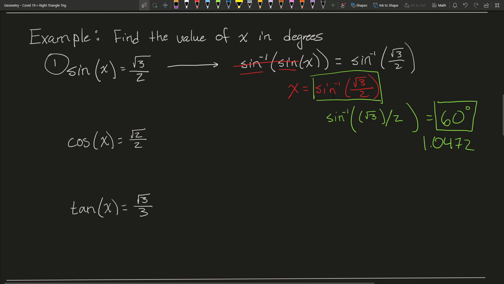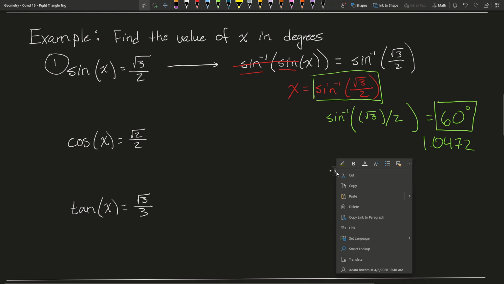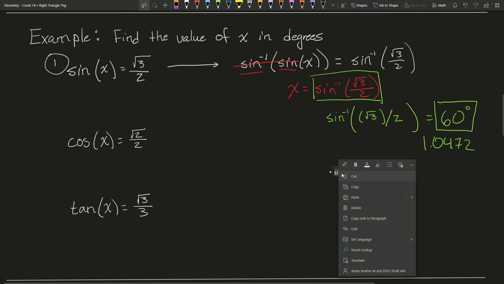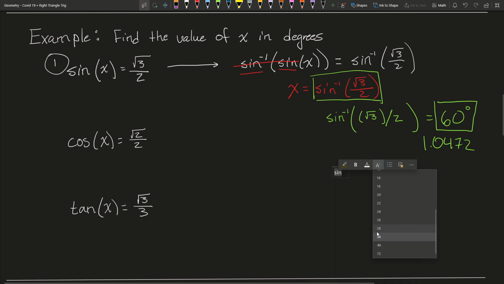There is no exponent function on Google. So in order to type that out, it would look like this that I have on screen.